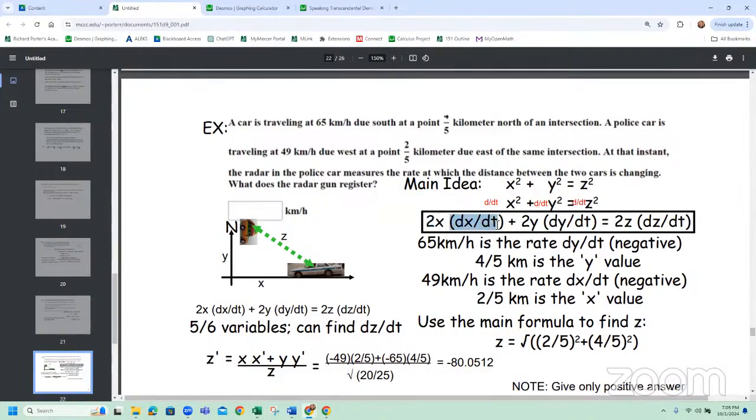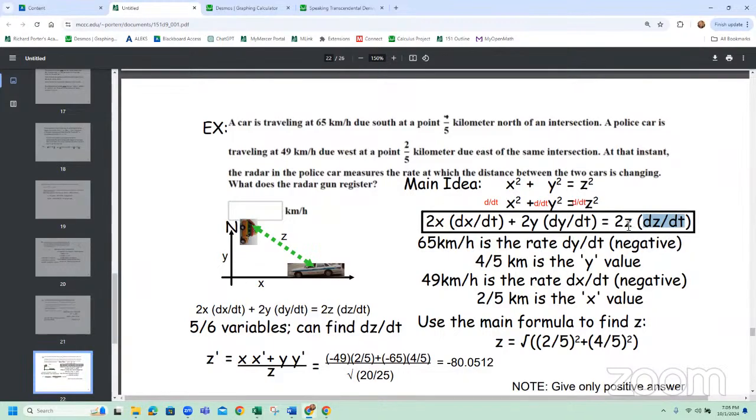We have the values and the rates for x. You know how far away the car is, that's x. We know how fast the police car is traveling, that's dx/dt. We know how far away the y car is and how fast it's going, dy/dt. We're looking for dz/dt. We're looking for an answer that's a rate: how fast is the distance between them changing?